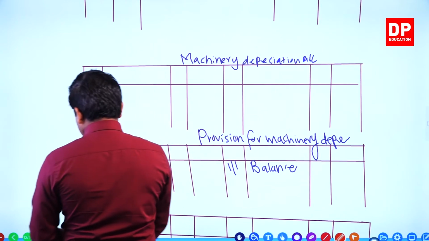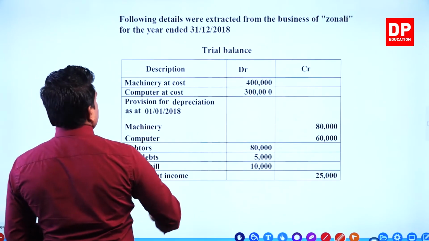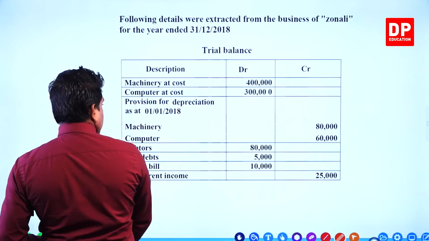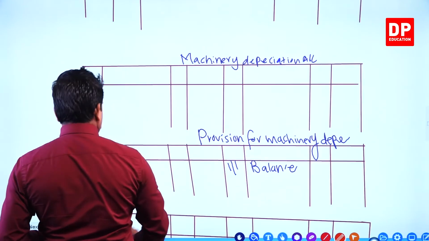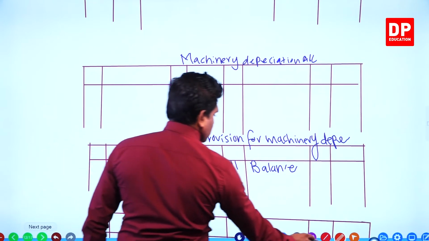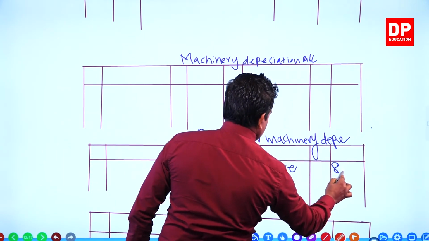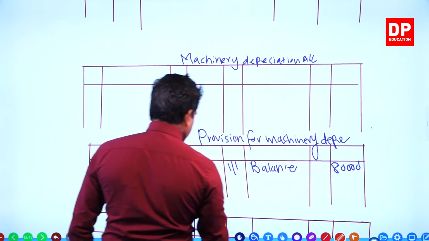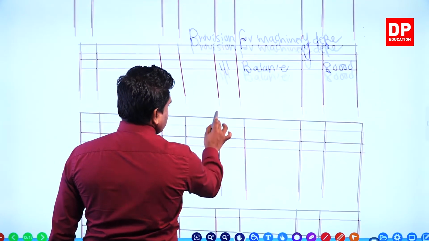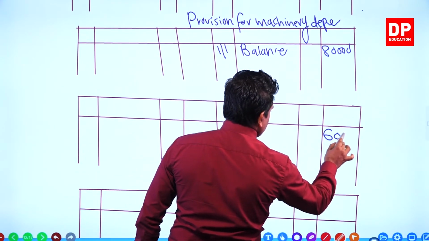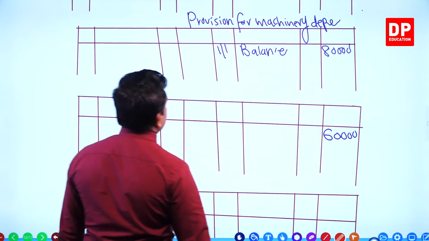How much? 80,000. Computer 60,000, right?